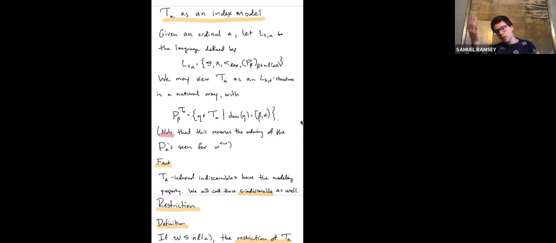And if you recall from before, P0 is level 0, P1 is level 1, P2 is level 2, and so on and so forth. And now we're going to have a level for every non-limit in alpha plus 1.